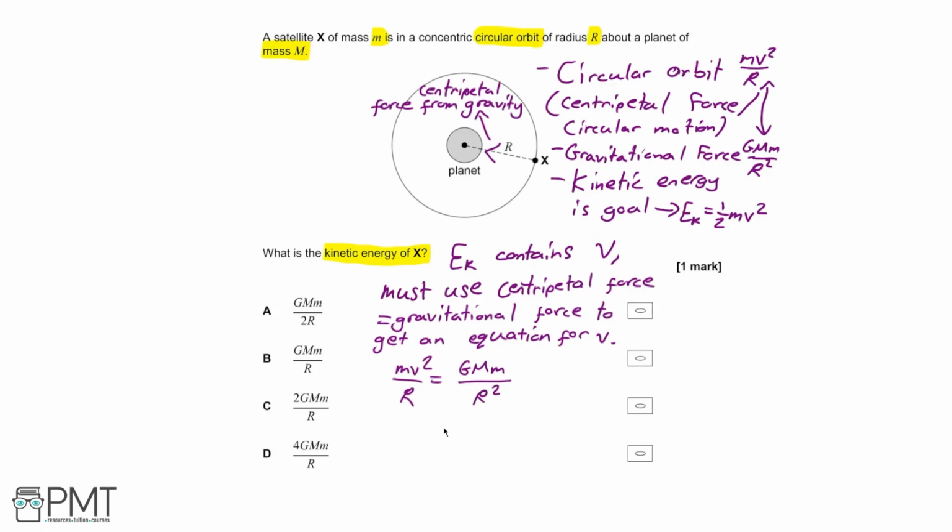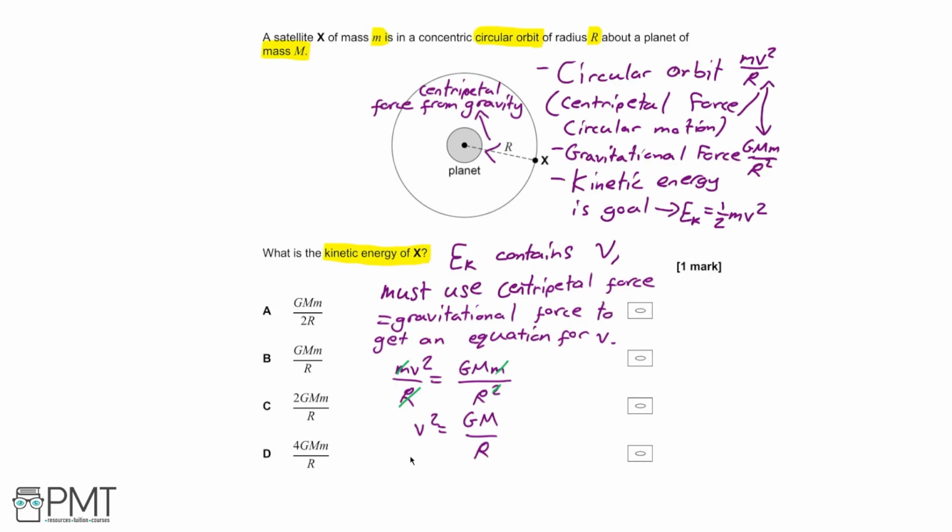So at this point, we want to isolate v squared so we can put it back into the formula for the kinetic energy. And so what we get is that v squared is equal to G times big M divided by r. What I've done here is divide both sides by little m, and then multiply both sides by r to get the equation v squared is GM divided by r.